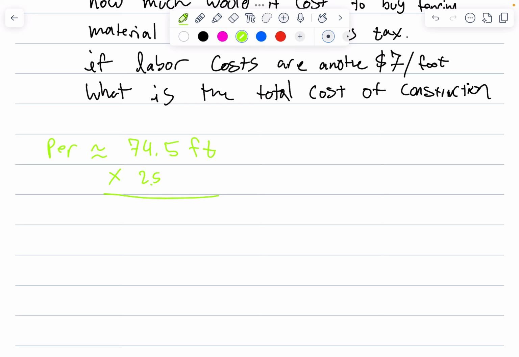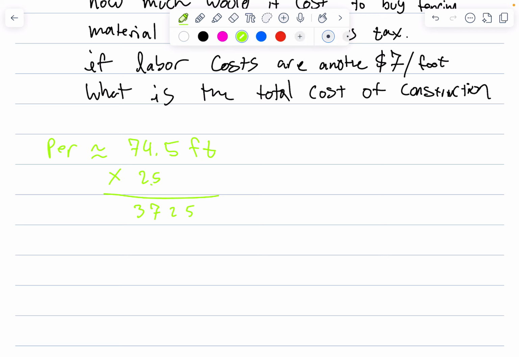Make it simple, I'm gonna simplify a little bit. 5 times 5 is 25. 5 times 4 is 20, 22. 5 times 7 is 35. Plus 2 is 37. Okay?